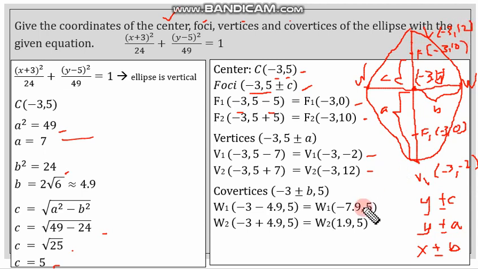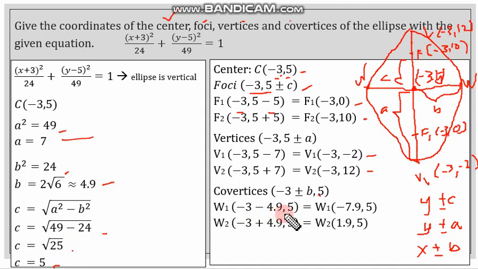The co-vertices are horizontal, so we will add and subtract the value of b to the x coordinate of our center, which is negative 3. So negative 3 plus or minus b, and the y coordinate is 5. Our b is approximately 4.9.